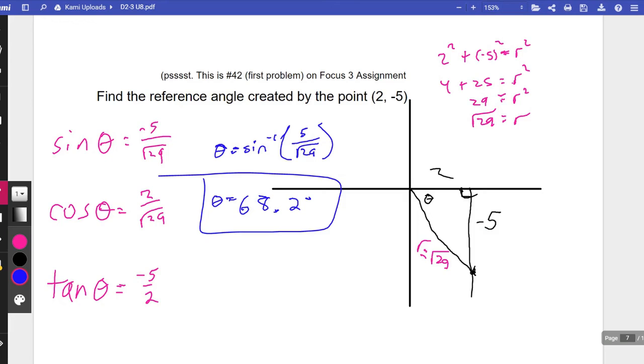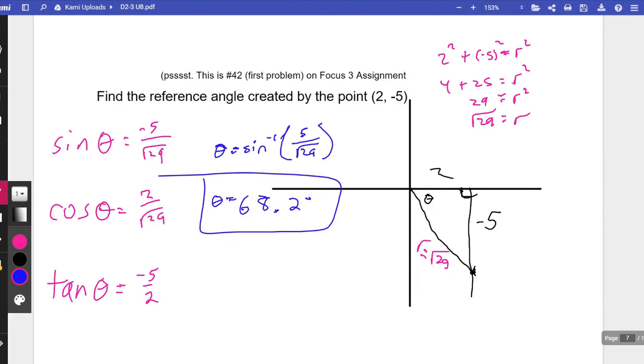So I chose to do sine. Sine's my fave. I just made it non-negative, and I got 5 over the square root of 29, and so theta was 68.2. If you're curious, if you leave the negative in there, if I did sine of -5 over the square root of 29, I would get a negative 68.2.